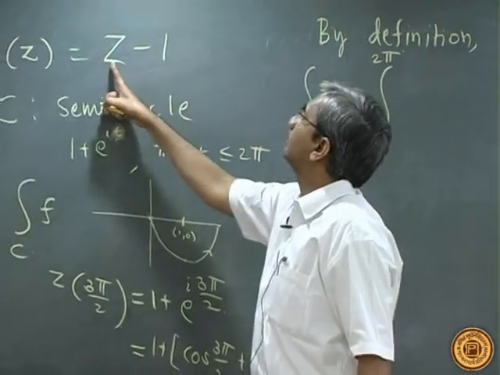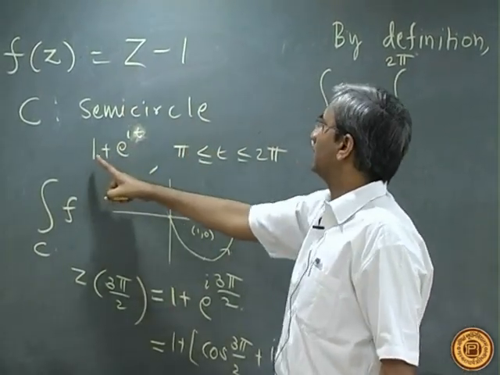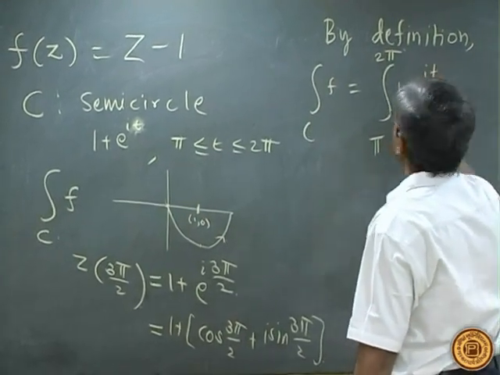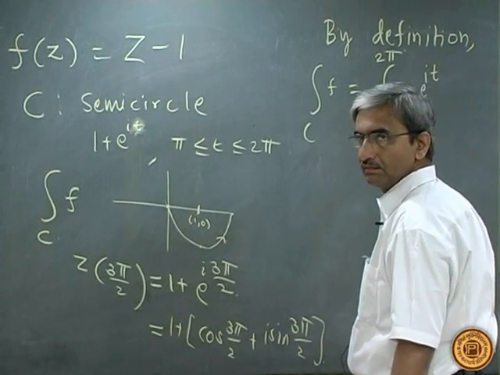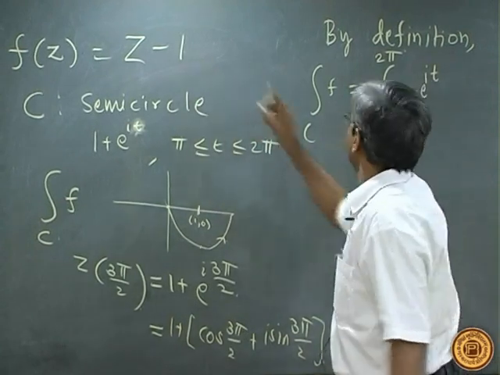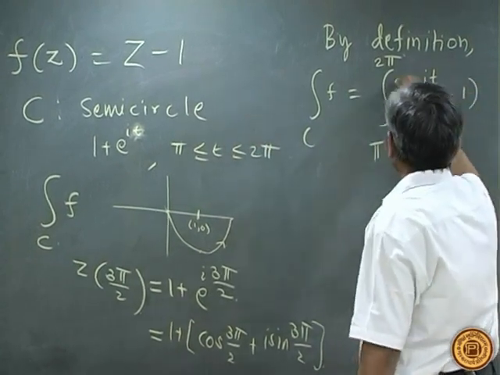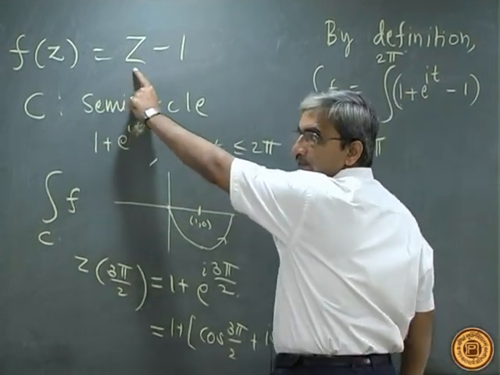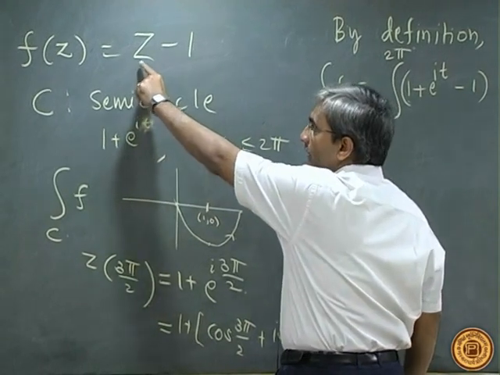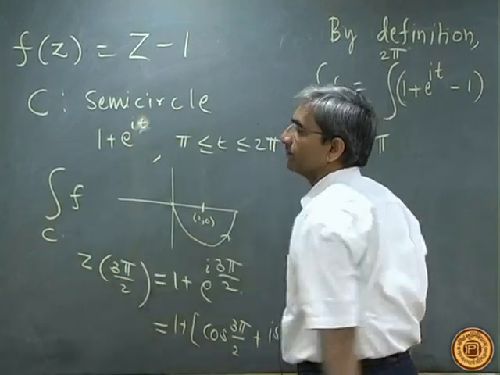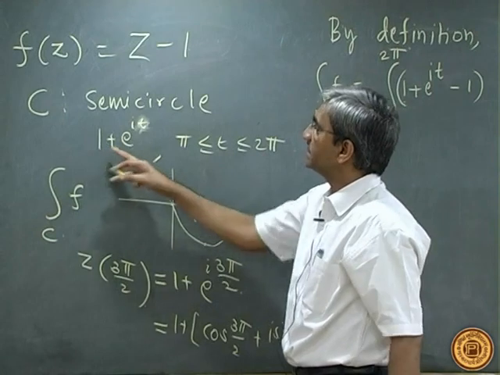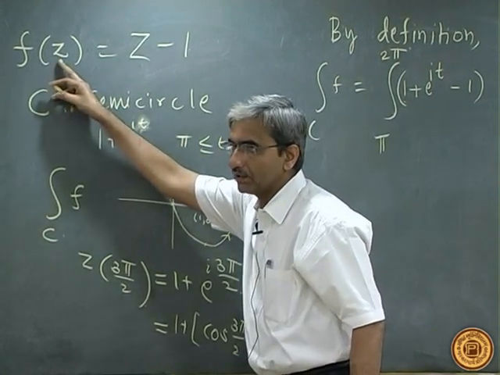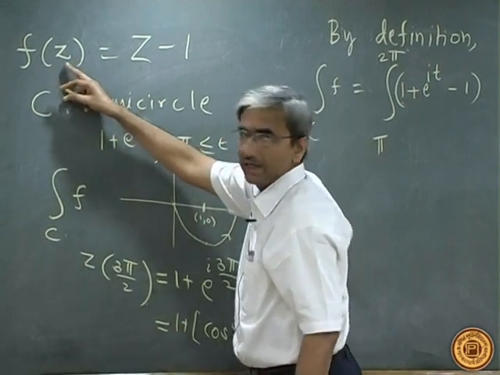Here you have to substitute z(t), that is 1 plus e raised to it, minus 1. So have you understood, this is f(z) for any z in the domain of f. But now you want to find f of z(t). In the definition of f, I put z(t) in place of z.